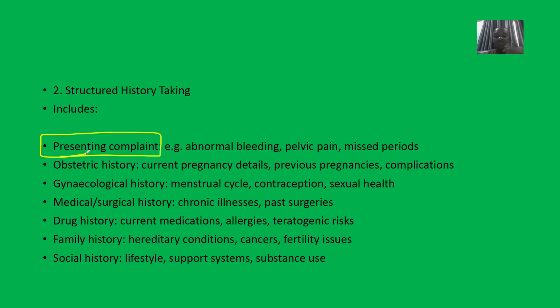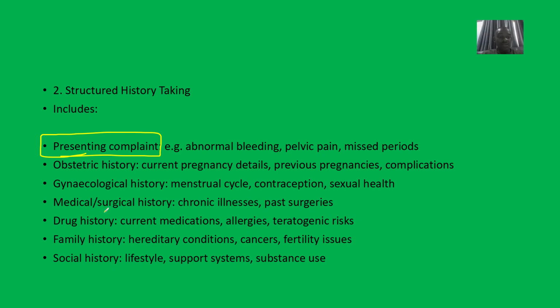In gynecological history, you're trying to know about their menstrual cycle, mainly when they started having menstruations, how long the menstruation usually lasts, how the flow is, and all of that.